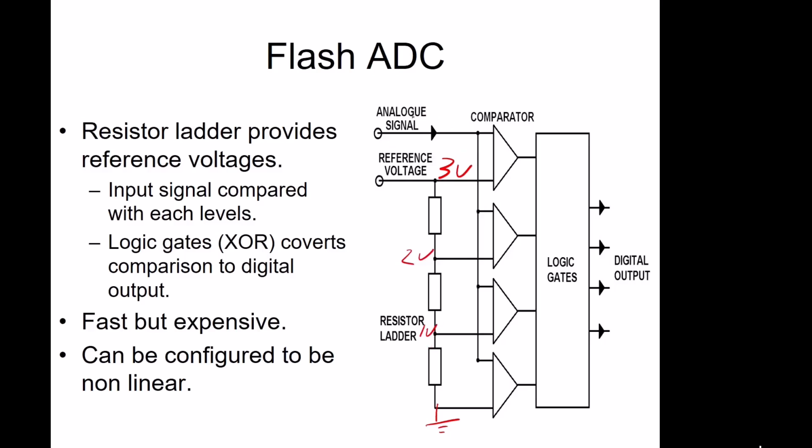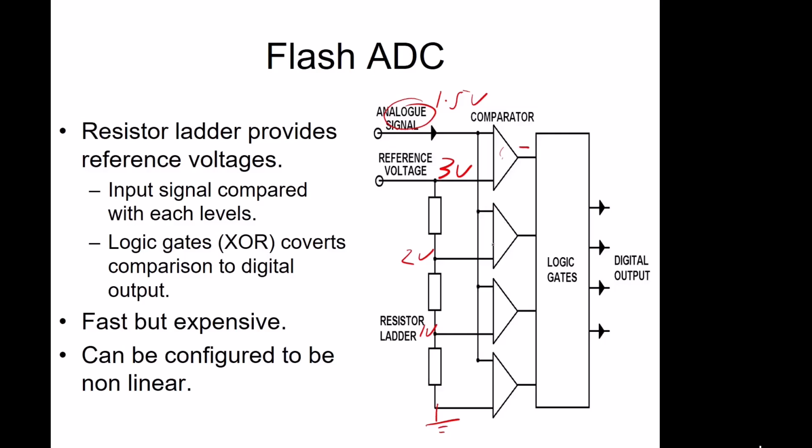Our input signal comes in here, and then this is compared to the different voltage levels. So say, for example, that is 1.5 volts coming in there. In this comparison, this 3 volts is greater, so this will be a negative output, a low output.